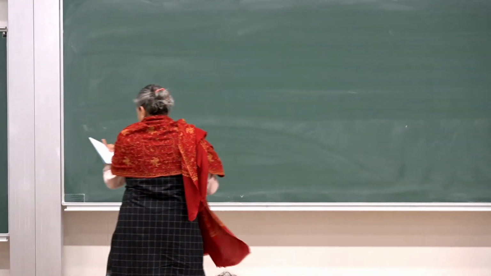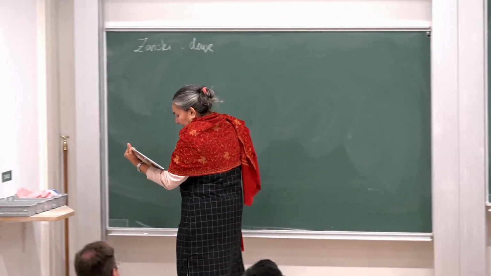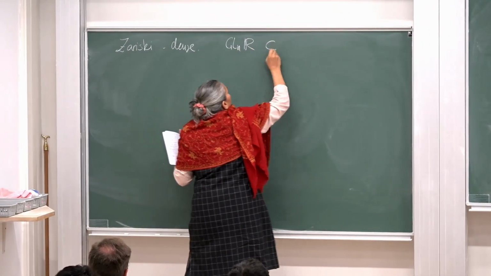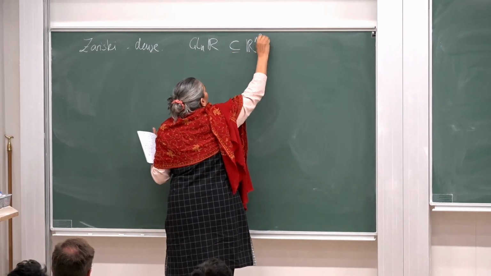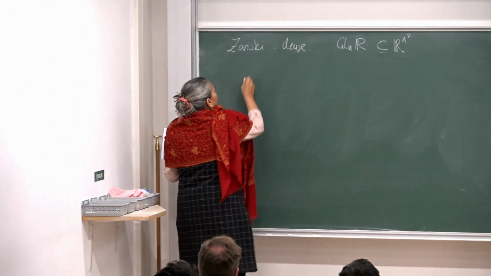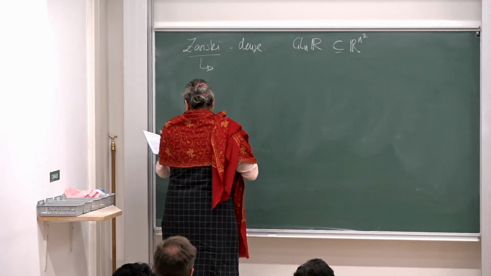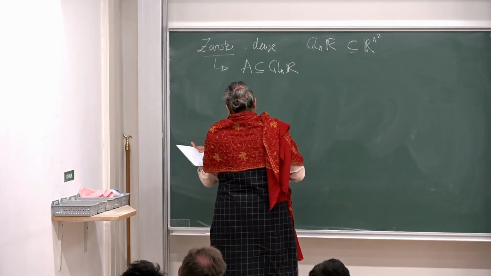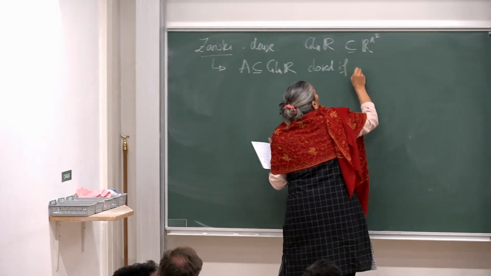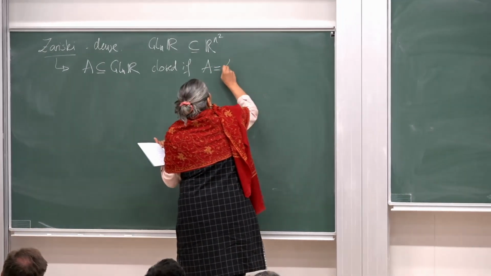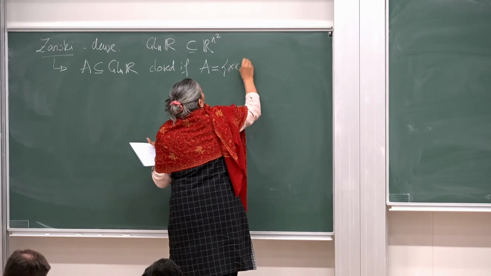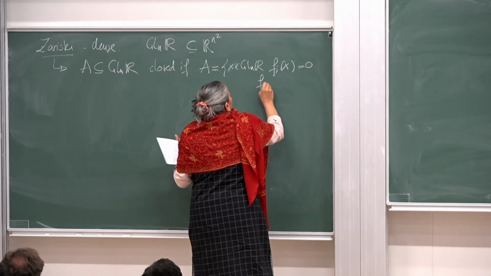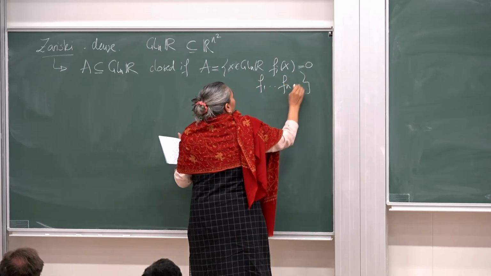The group is defined by polynomials, and if you have two topologies on GL_n(R), you can either think of it as a subset of R^(n squared) with the usual topology, but you have another topology, the Zariski topology, which says that a subset A in GL_n(R) is closed if A is given as the set of zeros of finitely many polynomials.